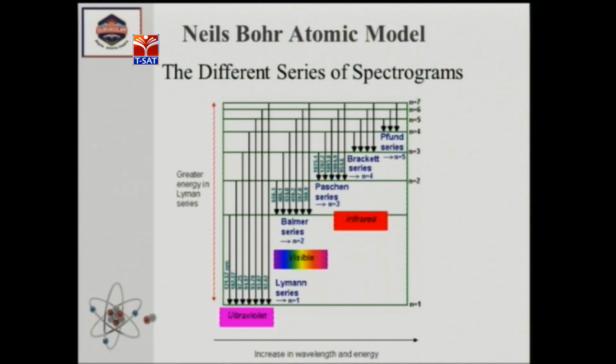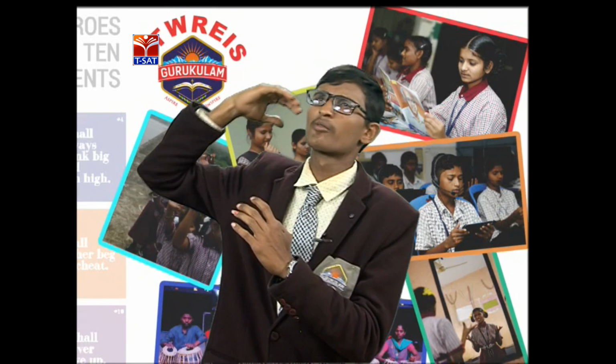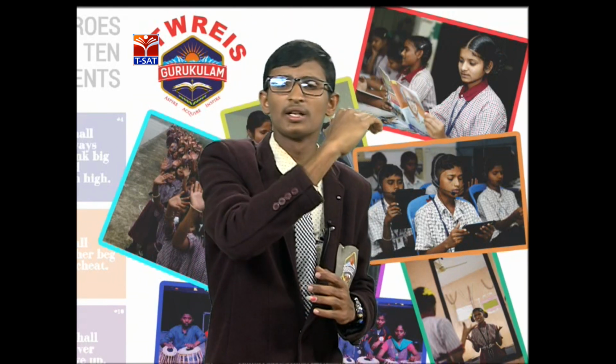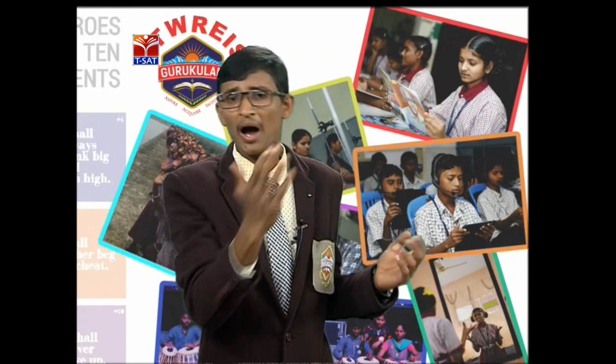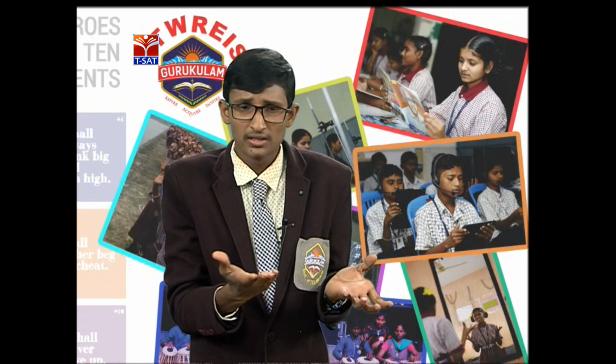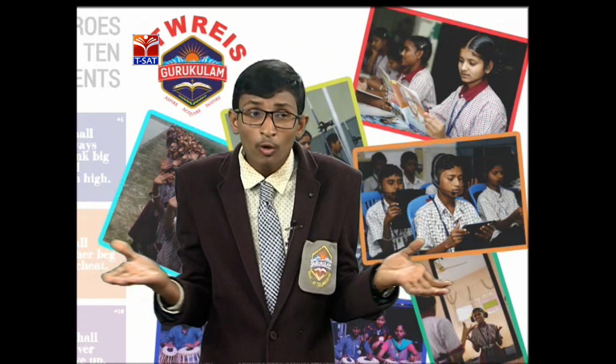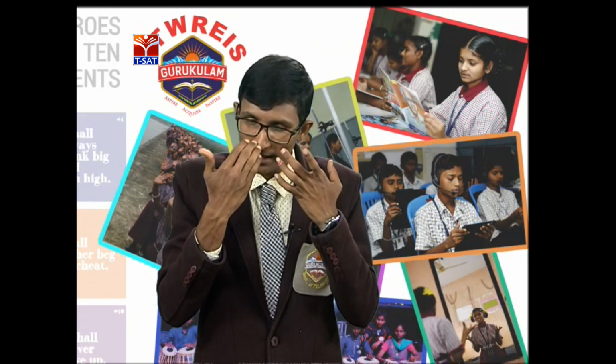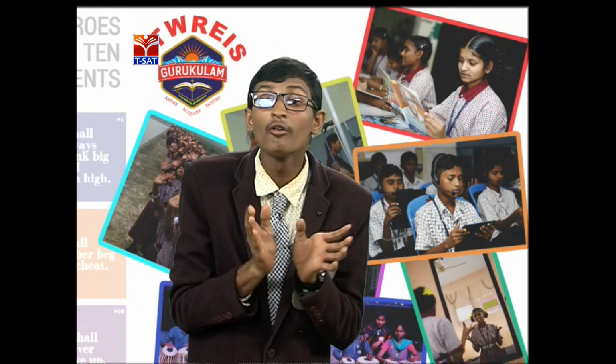When an electron falls from a higher energy level to the first energy level, this is the ultraviolet region, and the series is named the Lyman series. In the same way, when an electron falls to the second energy level, this series is called the Balmer series, and this region is visible light. In this region only we can see with our naked eyes and observe Vibgyor colors.